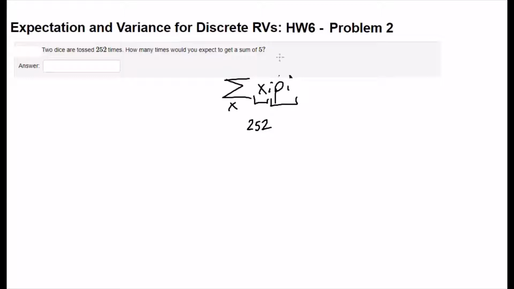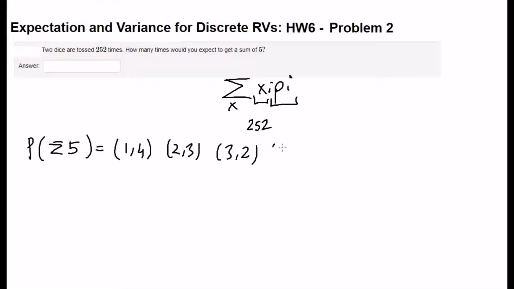So now we're going to compute the probability of a sum of 5 for two dice. The probability for a sum of 5 is only given if we roll 1 and 4, 2 and 3, 3 and 2, and 4 and 1. And if we combine these probabilities, that's going to be the probability of getting a sum of 5.